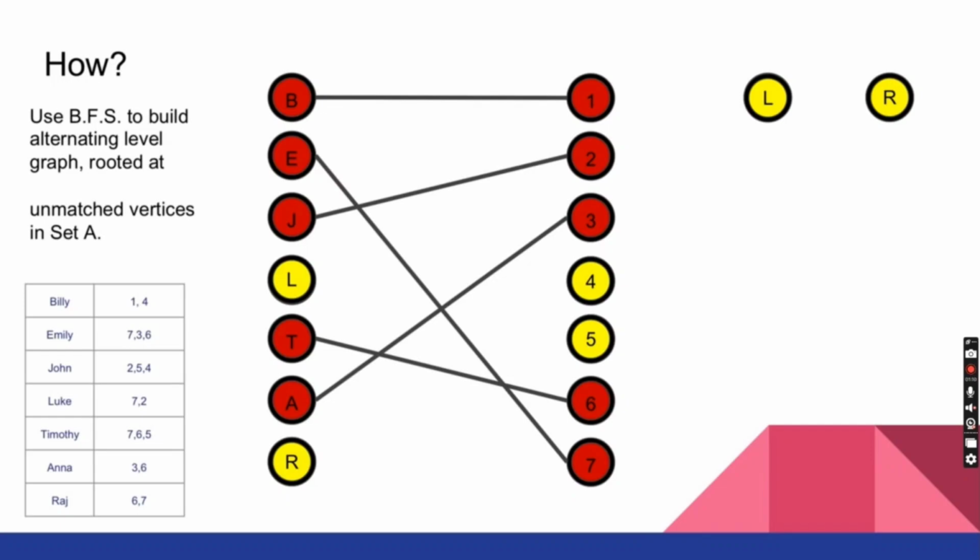If I look into the table for L, I get an edge to 7 and an edge to 2. So I add those to my graph. And for R, I get an edge to 6 and another edge to 7. So I added them into my graph.